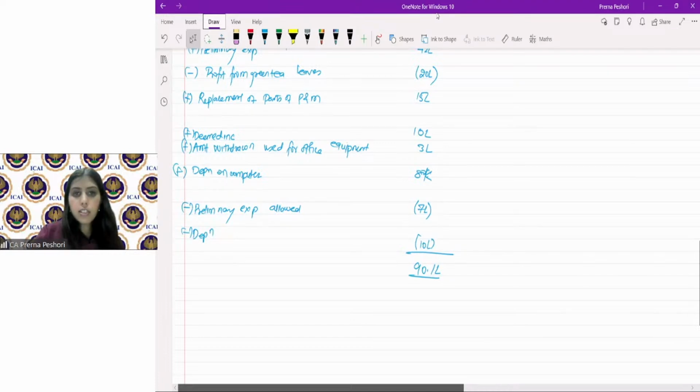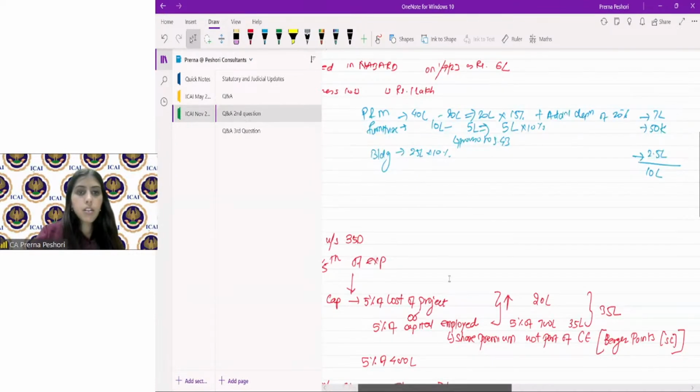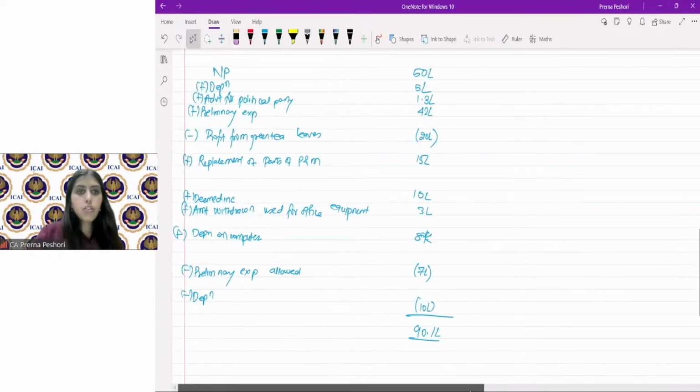Okay, you're giving me the calculation. Let me check whatever your calculations are. Your calculations you have considered is 50 lakh and then 5 lakh. That's correct. You have added back 1.3 lakh, 42 lakhs, and 20 lakh you have reduced.